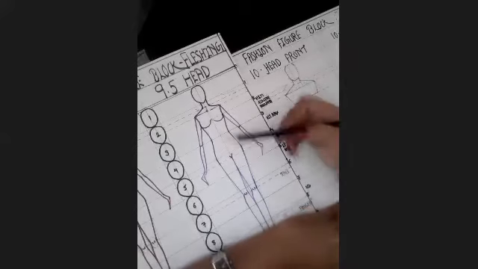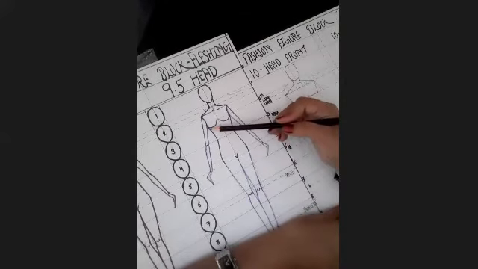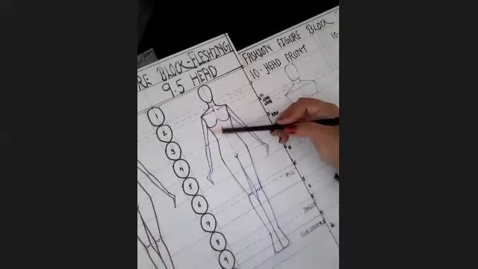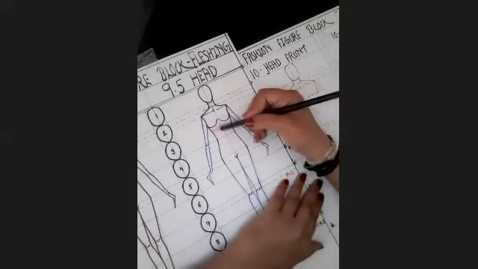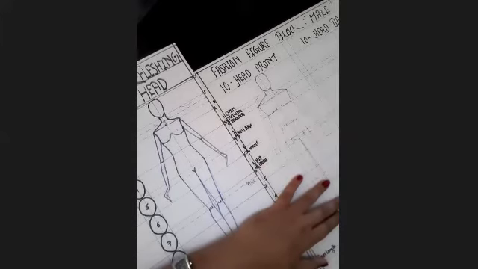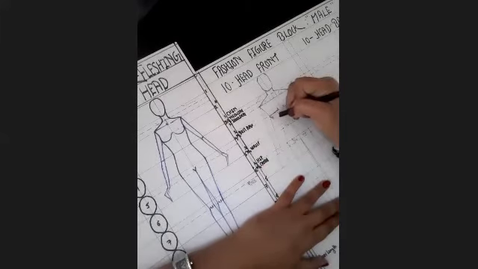See, this is how it's going to fall. Now understand the structure for the female waist, bust to waist is always curvy. You can see this curve, but for male, it's not going to be curvy. It's going to be like this. I'll show you.